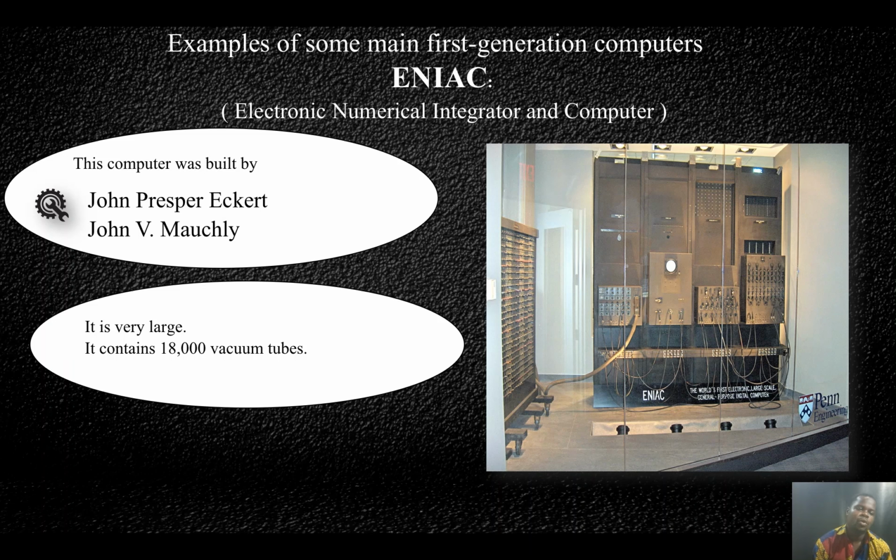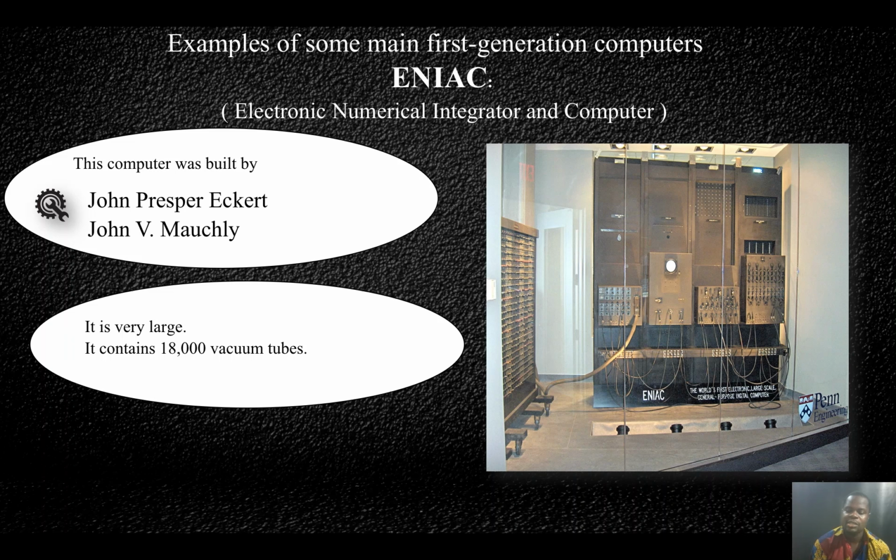Now we want to move on to some of the examples of the first generation computers. And the main one that was brought out first is the ENIAC. ENIAC means Electronic Numerical Integrator and Computer.